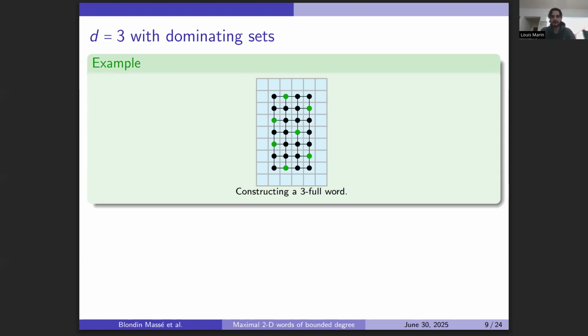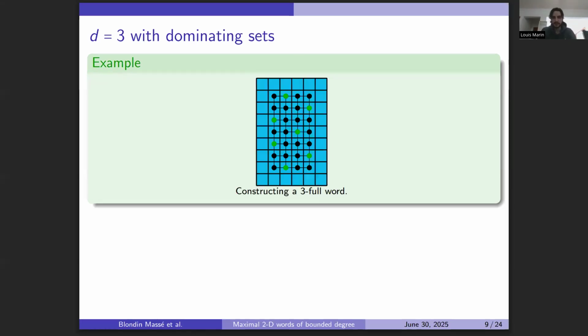Now, if we can find a dominating set of this grid graph, then for each cell in the dominating set, we can remove this cell, and this will give us a threefold word. Why?